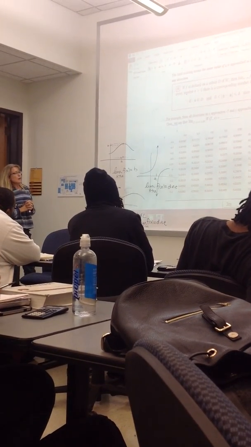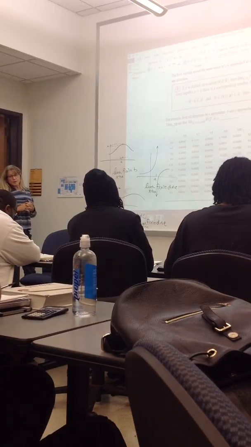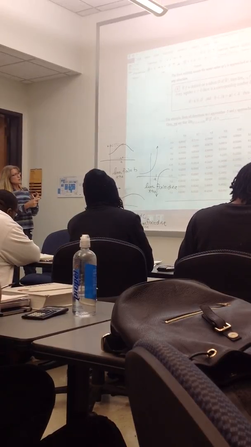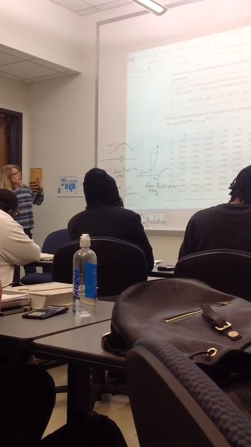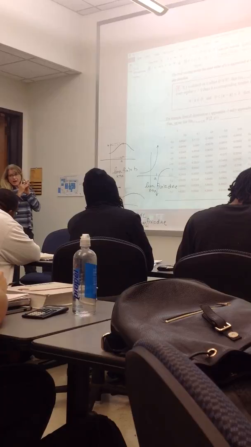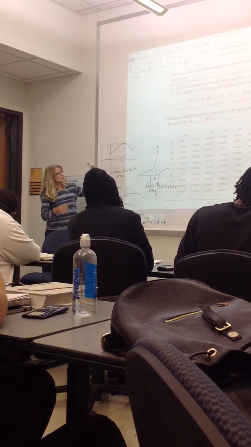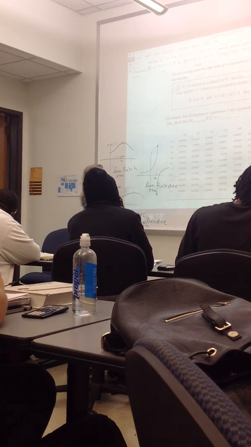Well, now that we have a multiple input surface, your limit has to be the same from infinitely many directions. You don't just check left and right. I have infinitely many directions.